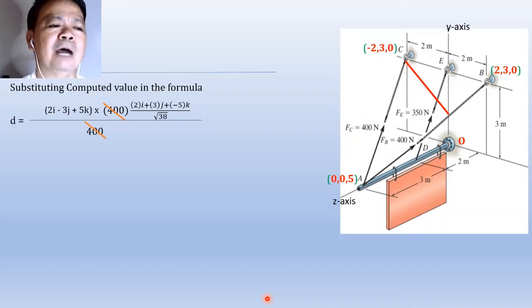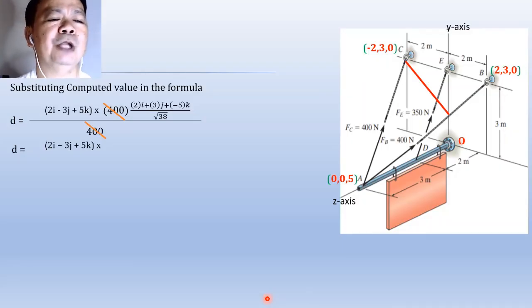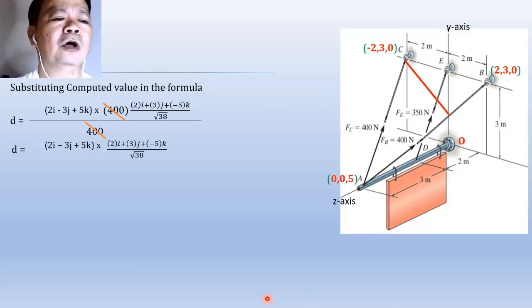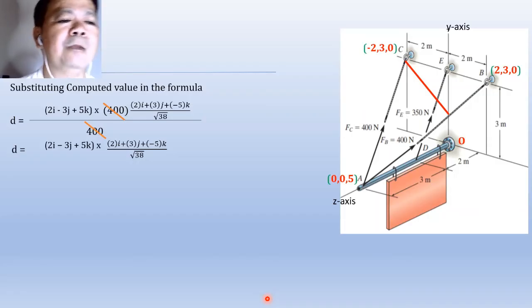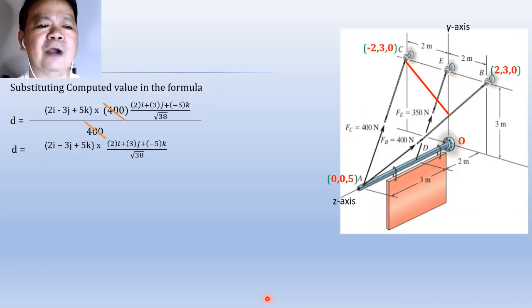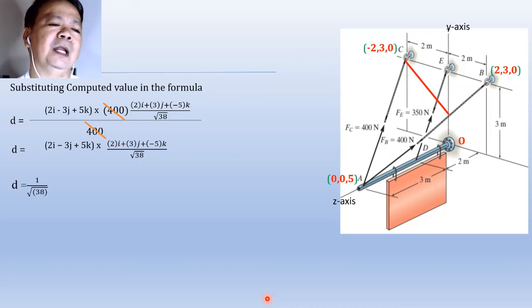What will happen is that the value of D becomes equal to 2i minus 3j plus 5k cross 2i plus 3j minus 5k over the square root of 38. And this is now the cross product multiplication, so we apply the third order determinant. Of course, we first take out the constant, that is 1 over the square root of 38.